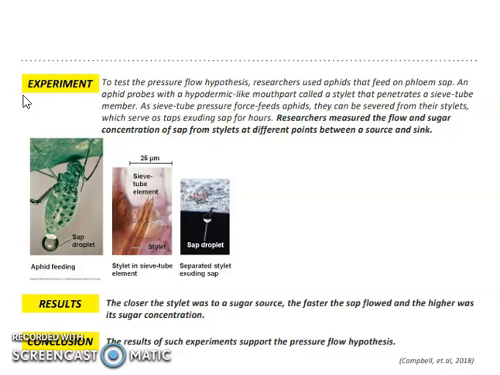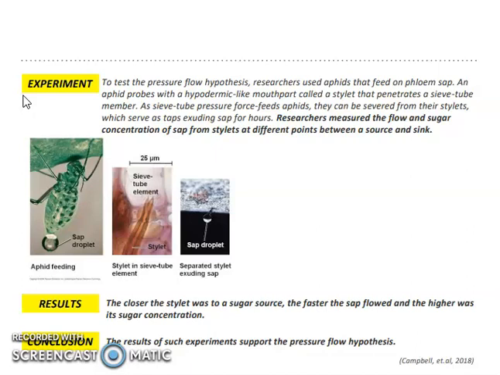Later on, plants are grown in radioactive carbon dioxide gas, which becomes incorporated into carbohydrate produced by the plant. The sixth step, radioactive carbon can be detected in the phloem sap. And the last step, stylets placed at different parts of the plant can show the rate of movement of phloem sap.